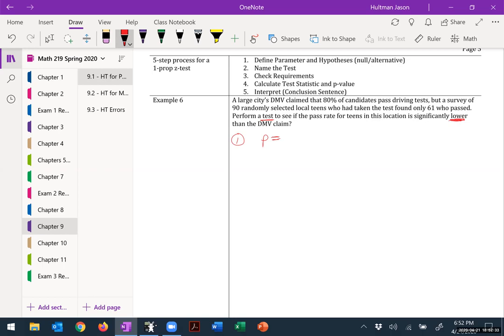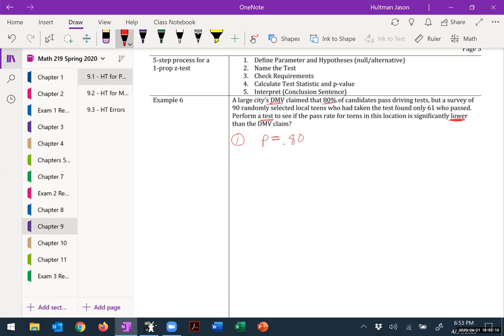A large city's DMV claimed that 80% of candidates pass driving tests. So that's my claim. So P equals 0.80. My population proportion is equal to 80%. That's the DMV's claim. The DMV is claiming that 80% pass.